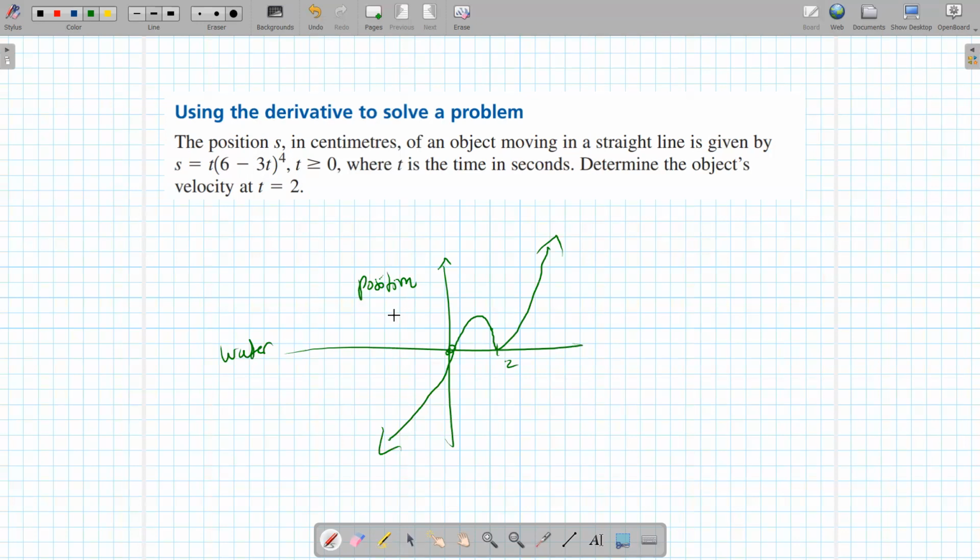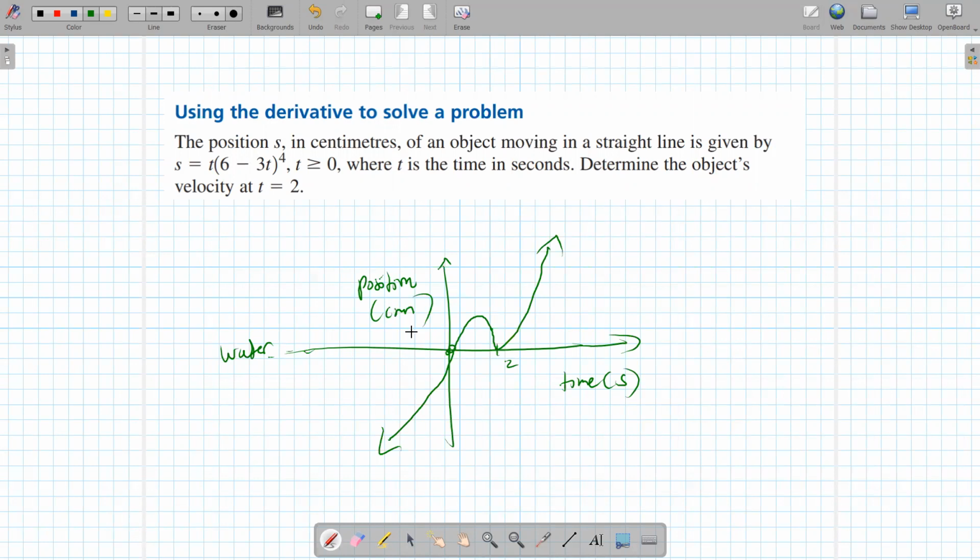This could be like the trajectory for a bird. Like what's a good hunting bird? Something that goes underwater to catch a fish and then flies back up into the sky. So on the x-axis, this is the water. But on the x-axis, we have time in seconds. On the y-axis, we have position in what? Centimeters.